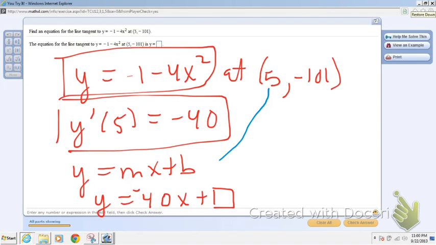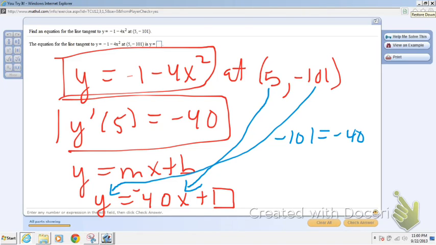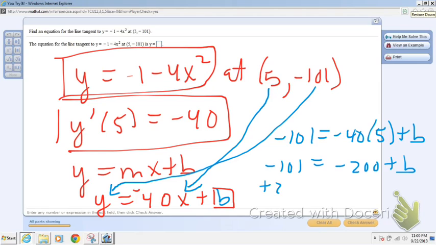Pretty simple. Good old algebra, you plug 5 in for x and plug -101 in for y, and you crunch it out. So -101 equals -40 times 5 plus b. Solve for b: -101 equals -200 plus b. Move 200 to the other side.